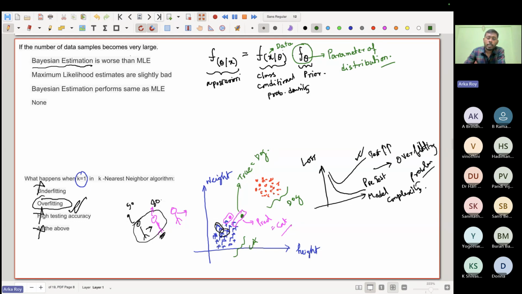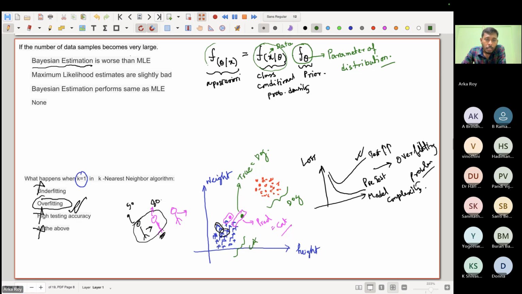So now you can see, just tell me, this particular expression, this class conditional density, does it depend on the data component? Yes, sir. So clearly you can see that this particular thing depends on data.